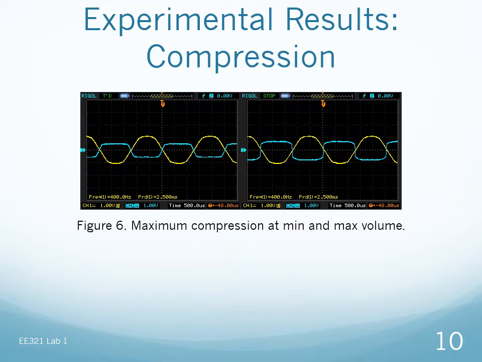On the right hand side, it's the same input signal but with the volume turned all the way up and the compression still turned all the way up. We can see how it clamps the signal down, making it more square-like. And there's a lot of range, like I said, in between that and the volume being all the way up, and it sounds different all the way along that range.